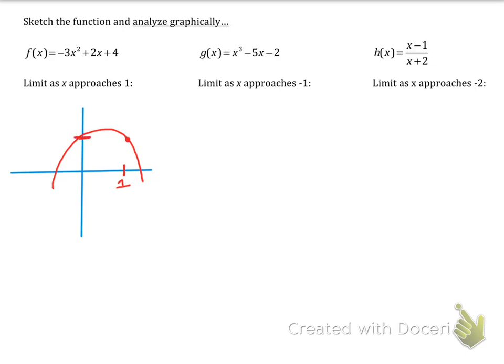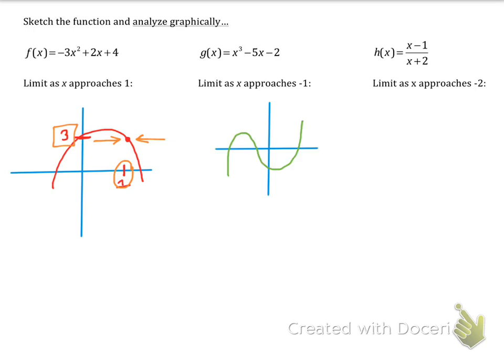And for this scenario, that limit is going to be 3. So graphically speaking, as I come from the left and the right, actually I should write it horizontally. As I come from the left and from the right towards 1 on the x-axis, I approach the value 3.